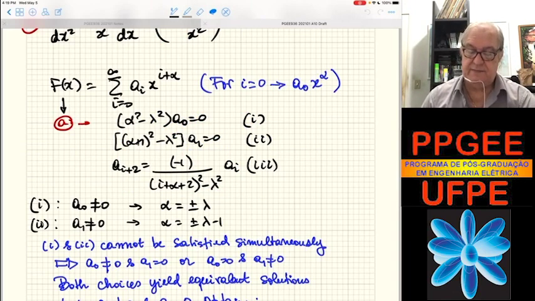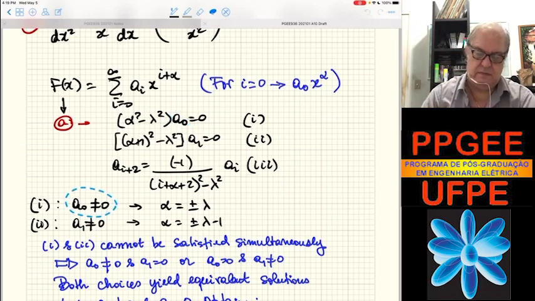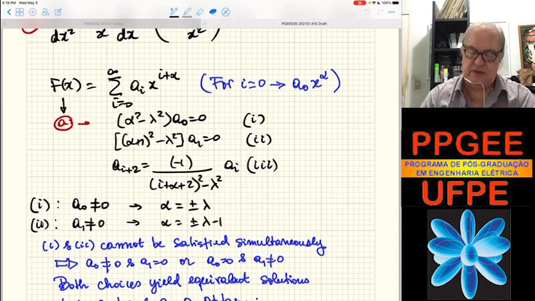You see that if I set a0 not 0, we have to make this one equal 0 here. Alpha equals plus or minus lambda. But if I do that, a1 has to be set to 0, right?